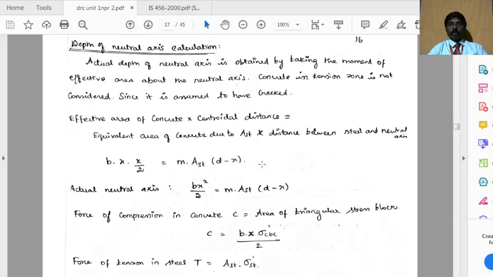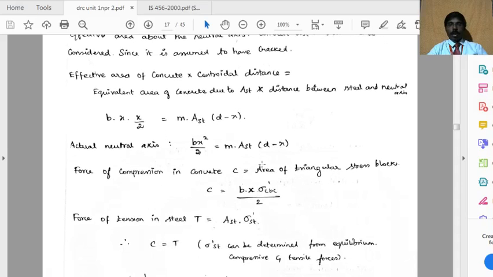So this is a calculation for depth of neutral axis. The actual neutral axis is calculated by taking moment of effective area above the neutral axis, that is, the effective area of the concrete into centroidal distance. From the stress block diagram, we have arrived at this.